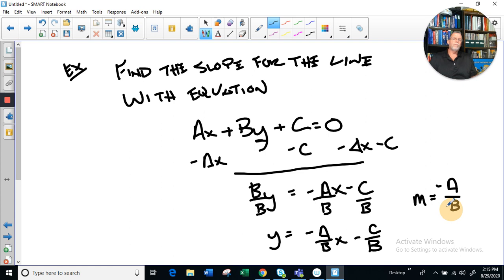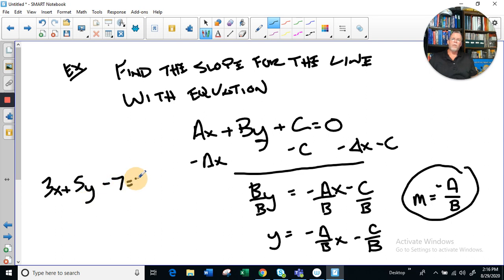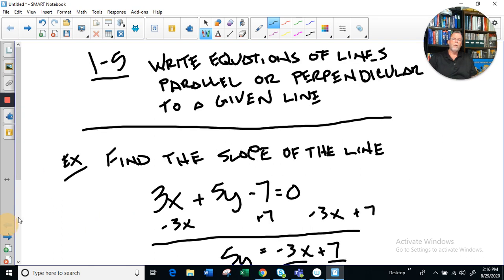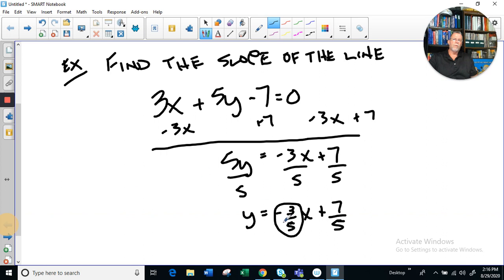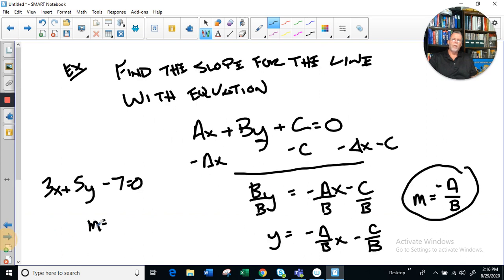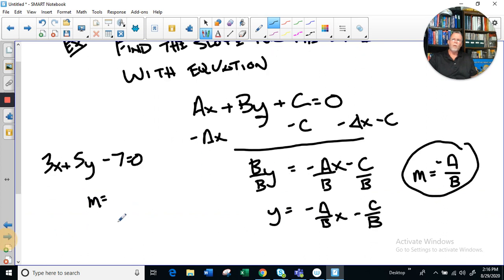Well, now think about this, and look at what we had last time. We had 3x plus 5y minus 7 equals 0. And we found our slope m was equal to, just to give you a look back, negative 3/5, right?